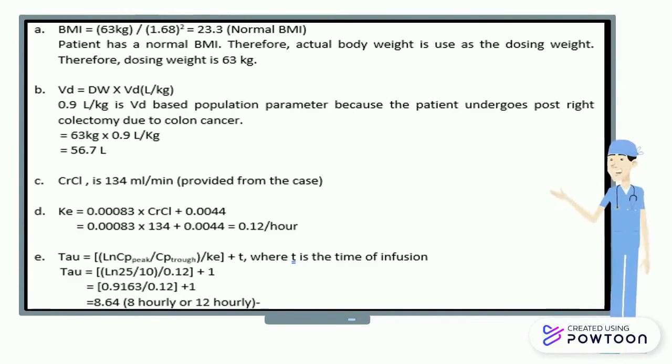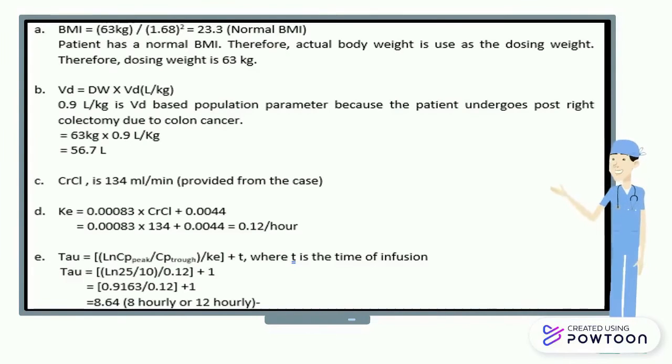Hence, we use the patient's actual body weight, which is 63 kg, as the dosing weight. Next is finding out the volume of distribution. Since the patient just underwent a right colectomy due to colon cancer, the value 0.9 liter per kilogram is used as it is the Vd based on population parameters suitable for the patient's current condition.